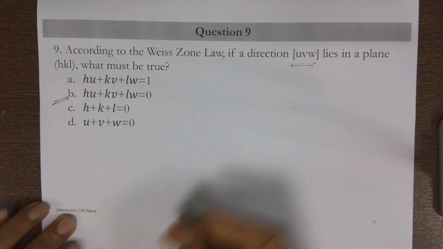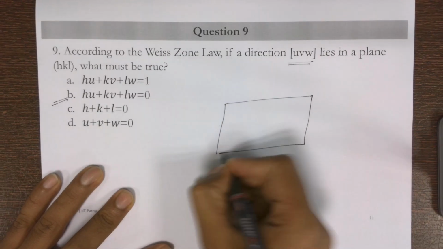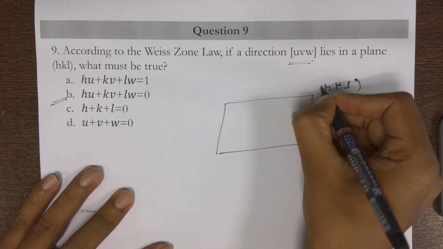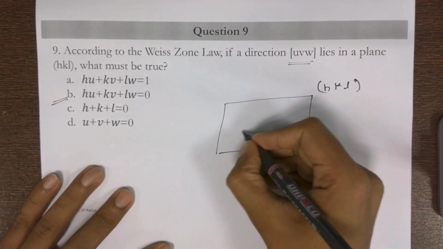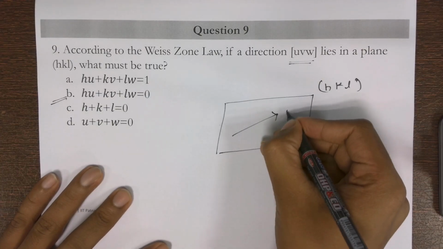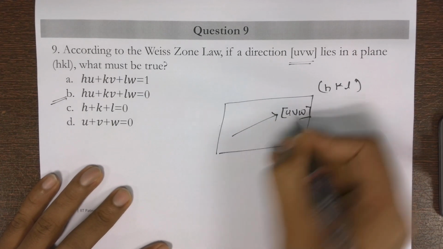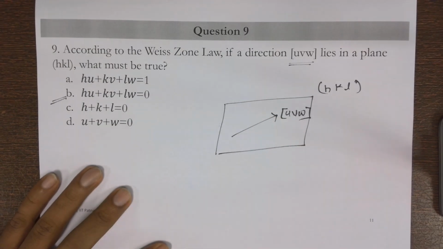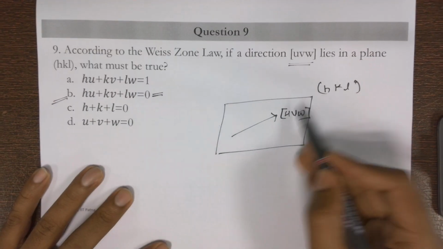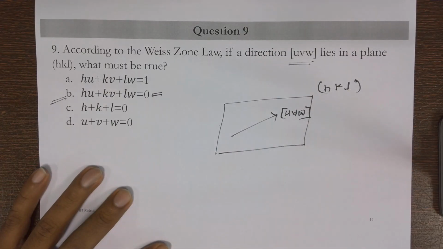So if there is a plane represented by H, K, L, and there is a direction U, V, W, and it is lying on the plane, that means it will satisfy this particular condition: U into H plus V into K plus W into L will be equal to 0.